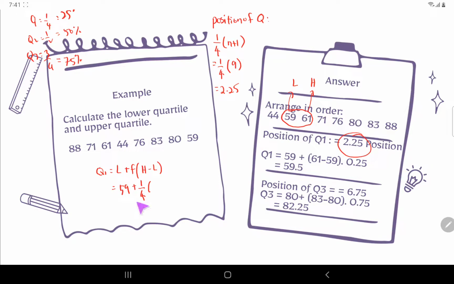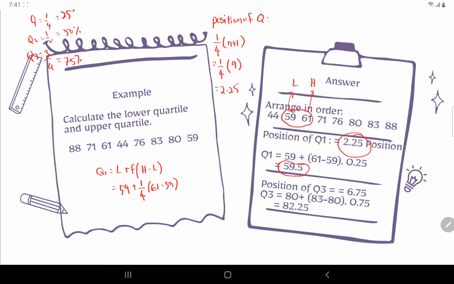So H minus L, 61 minus 56. So the answer is 59.5. So that's our value of Q1.